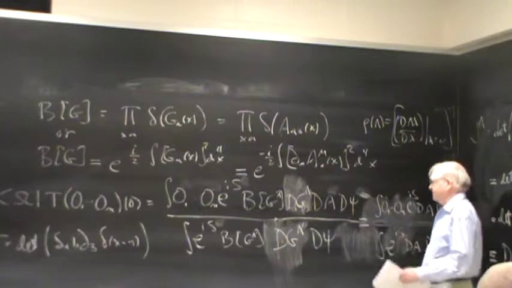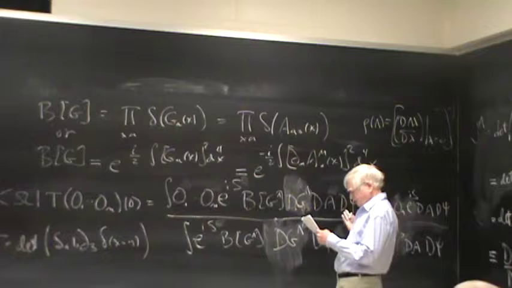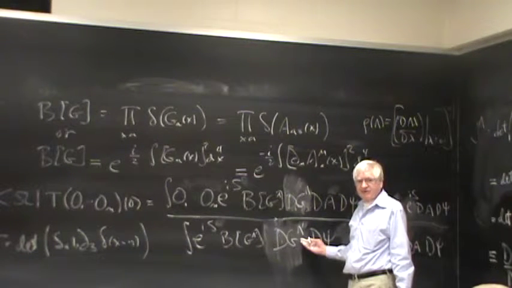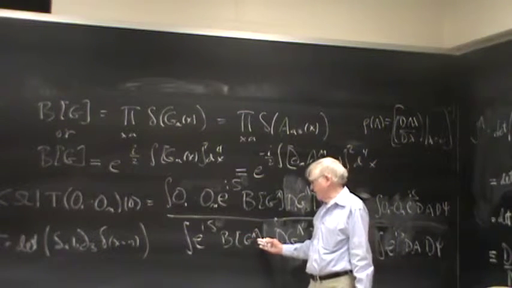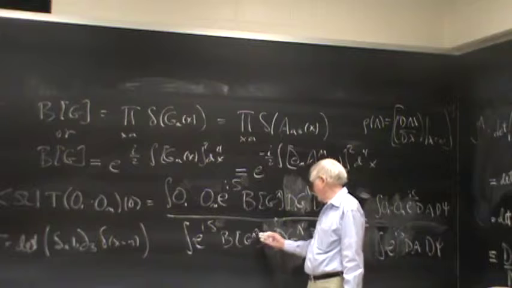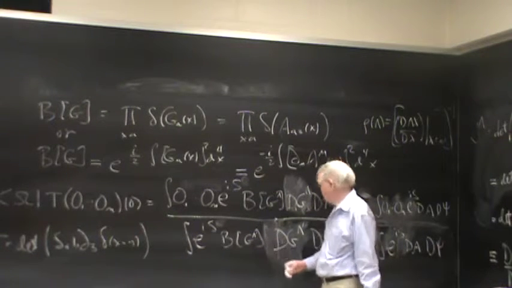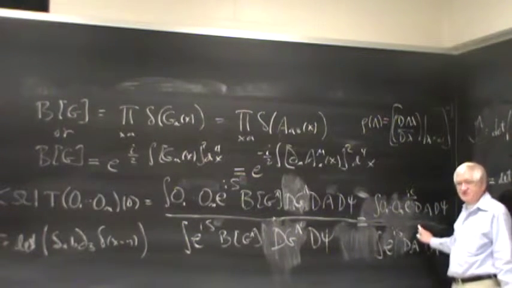I guess the point is we just integrate over dg, and whatever the integral of dg of b of g is, it cancels on both sides, and so that's gone, and we have this.